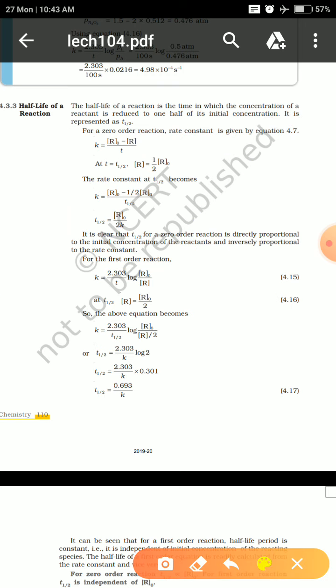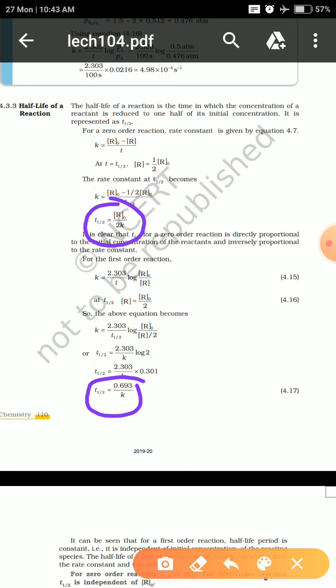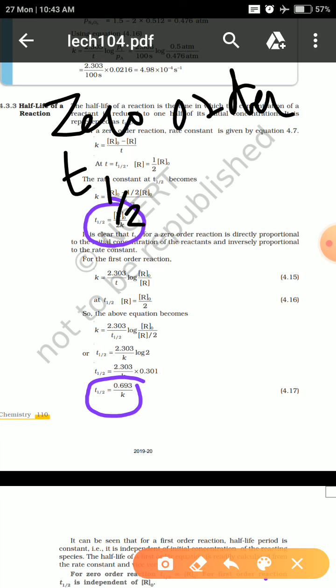Whether you take the half-life of the zero order reaction or the first order reaction, both will be inversely proportional to the rate constant. But the thing we have to consider mainly is that for a zero order reaction, half-life is directly proportional to the initial concentration of the reactant.